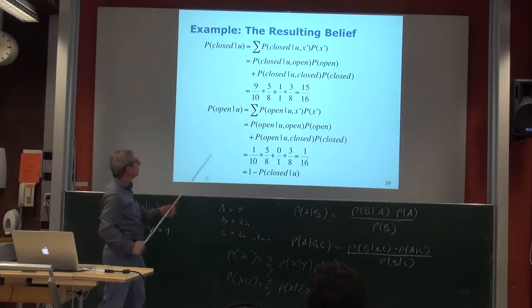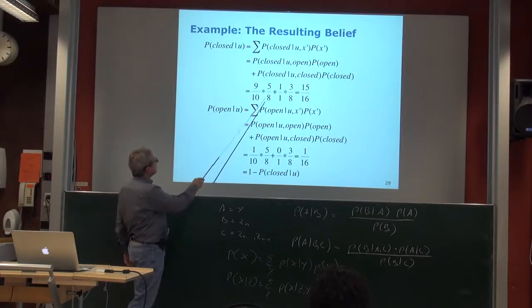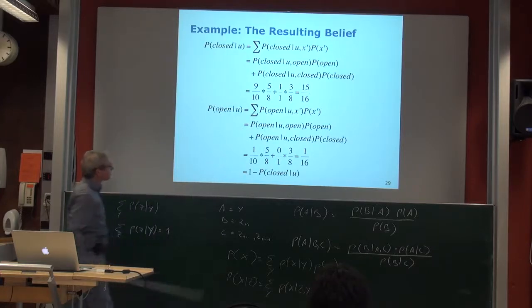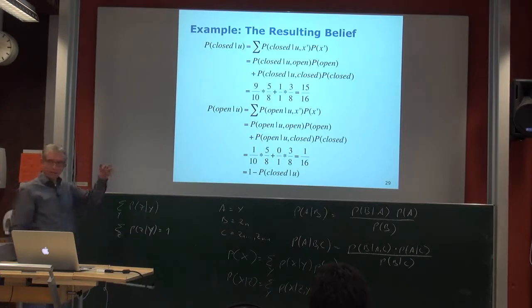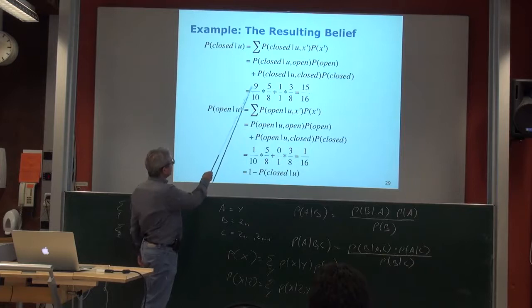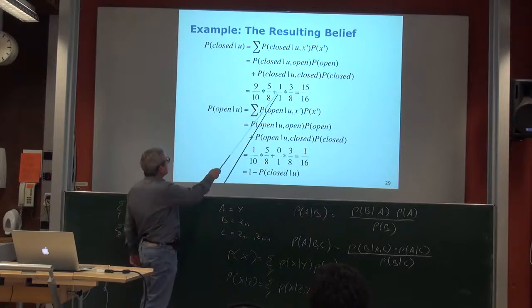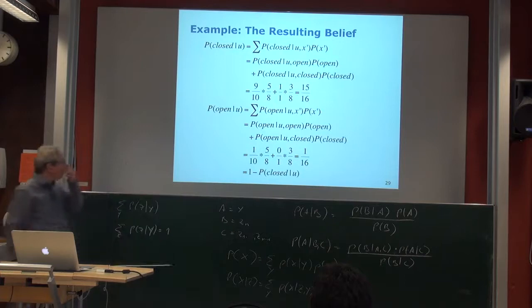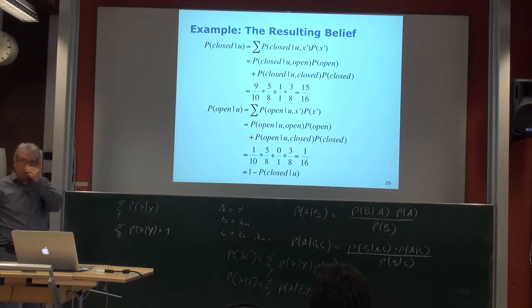It was 5 divided by 8 as far as I remember. We know that the close-door action succeeds in 90% of all cases when it's open, which means that we end up with 15 divided by 16.